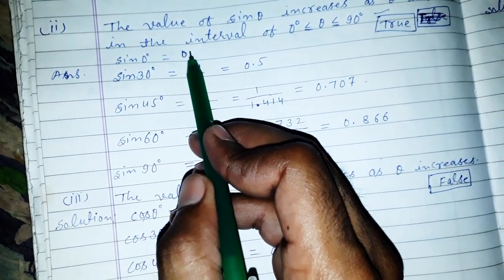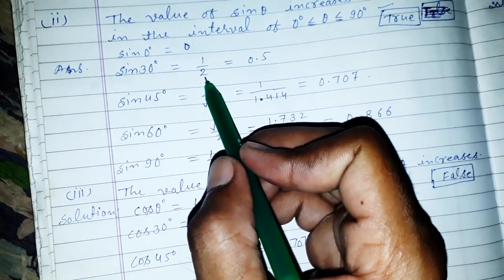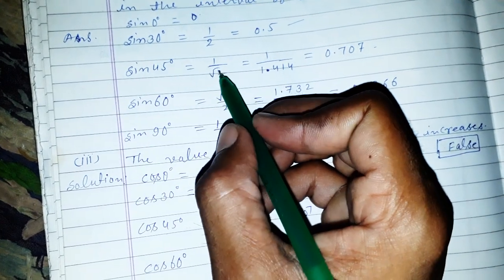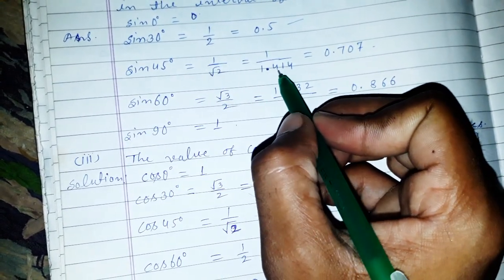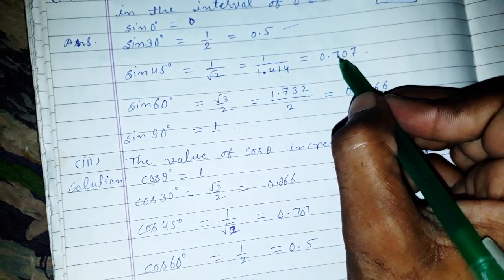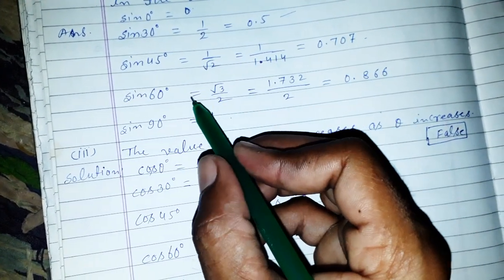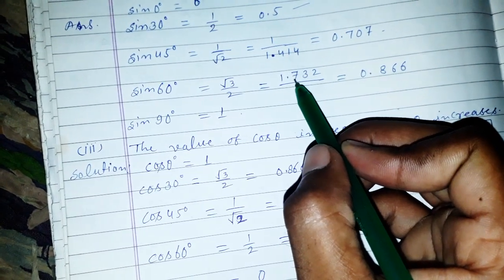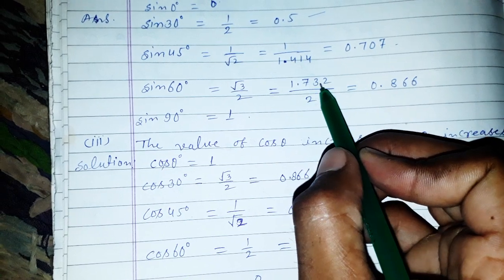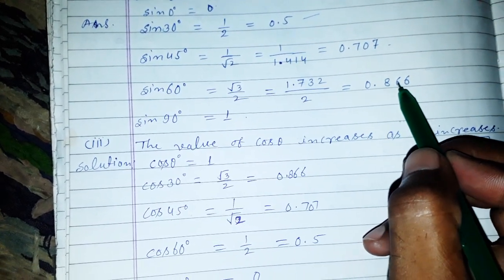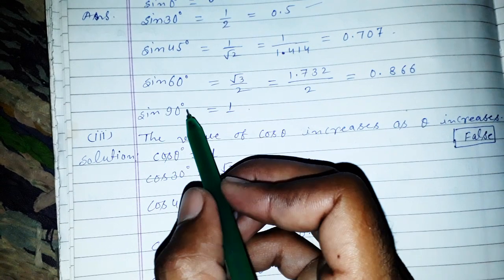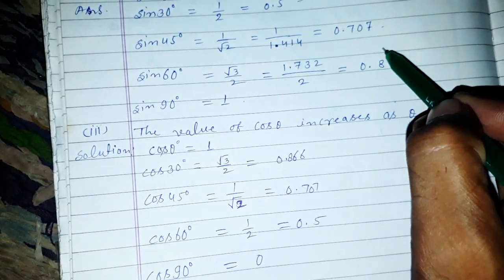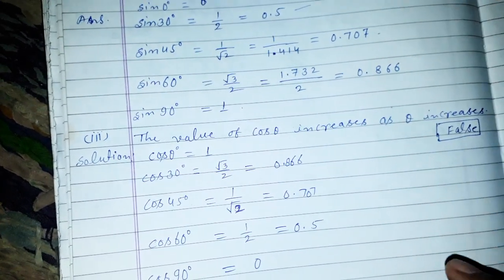Here sin 0 is 0, sin 30 is 1 upon 2, so this is 0.5, sin 45 is 1 upon root 2, root 2 is 1.414, so this is 0.707, and sin 60 is root 3 upon 2, value of root 3 is 1.732 divided by 2, so this is 0.866, sin 90 is 1. So here if theta increases, the values also increase, so this statement is true.